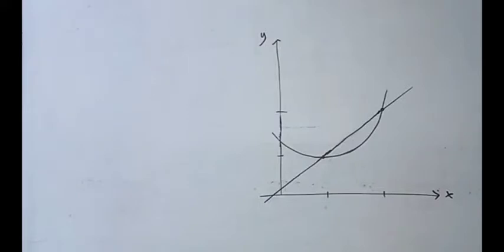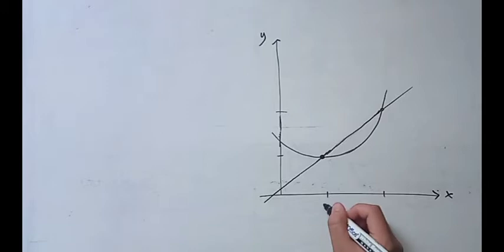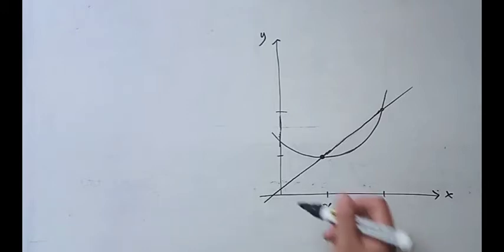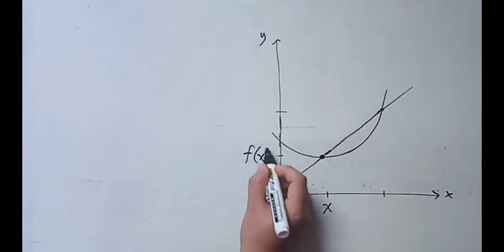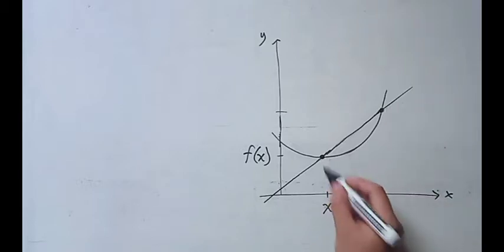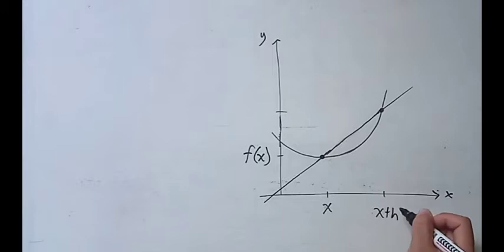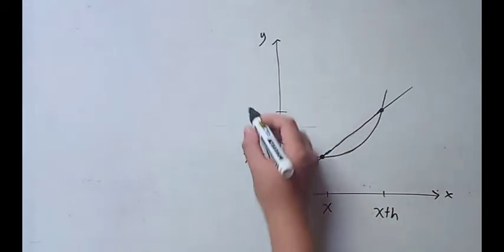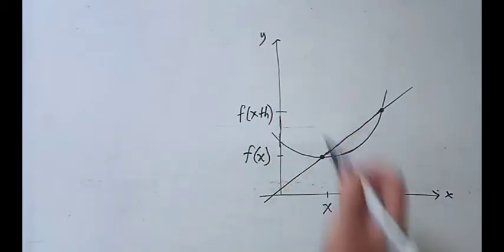So for example, we have to look for the slope of this secant line. In the x-axis, since we have the coordinates x and y, let this be our x. And in our y-axis, let this be our f of x. And since this point is already x, we'll have this as x plus h. So in our y-axis, let this be our f of x plus h.